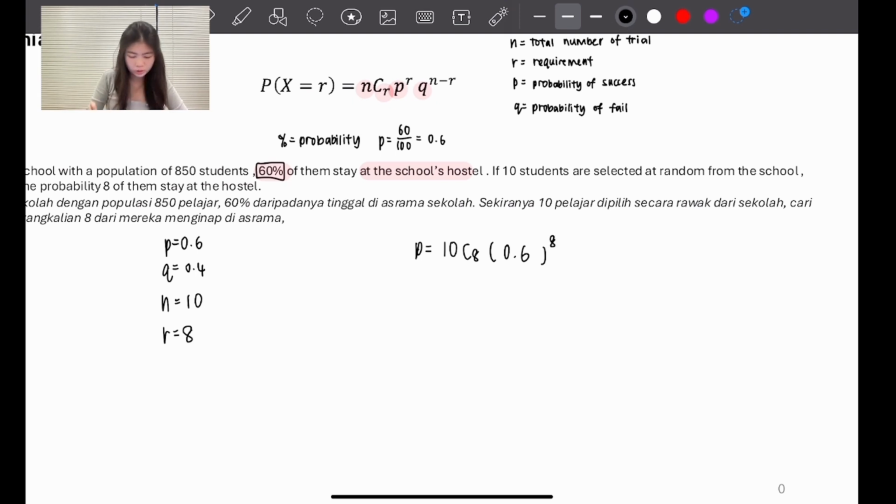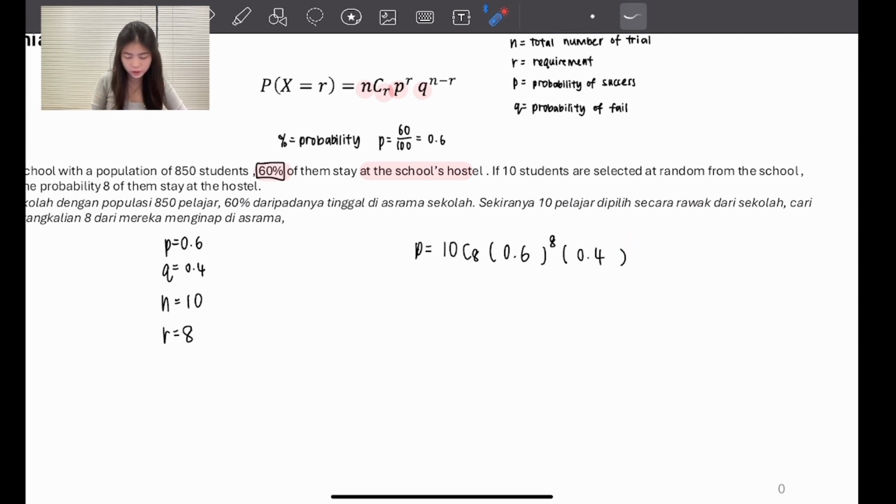So 8 students, so we power of 8. And then next to it, we put the opposite probability, meaning the probability of failure. Not staying at the school hostel is 0.4, right? So we put here 0.4, to the power of the number of students who are not staying.